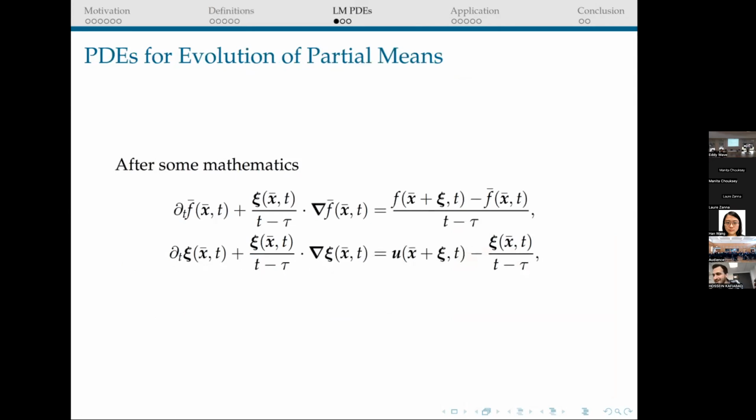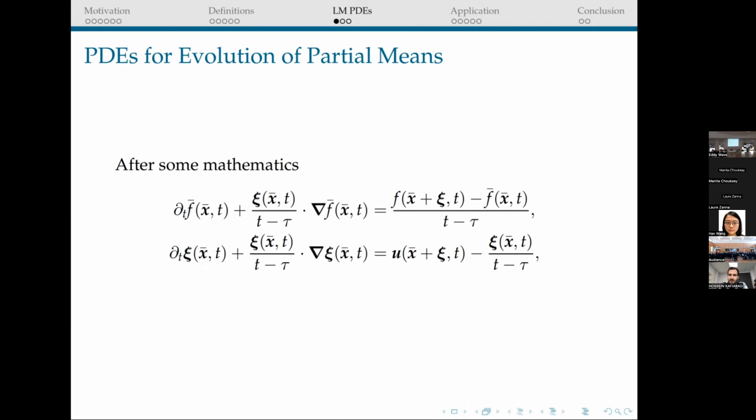After some mathematics that I'm going to skip for obvious reasons, I get this set of PDEs for the partial mean field. Basically, by solving these equations, I get the partial mean field at any point in time. If I integrate these PDEs from time tau all the way to tau plus capital T, I can derive, for example, f bar at time tau plus capital T, which is the Lagrangian mean that I was looking for.